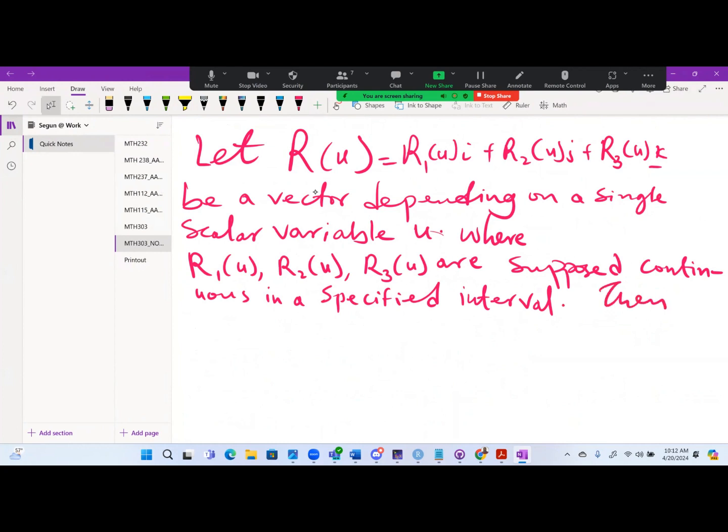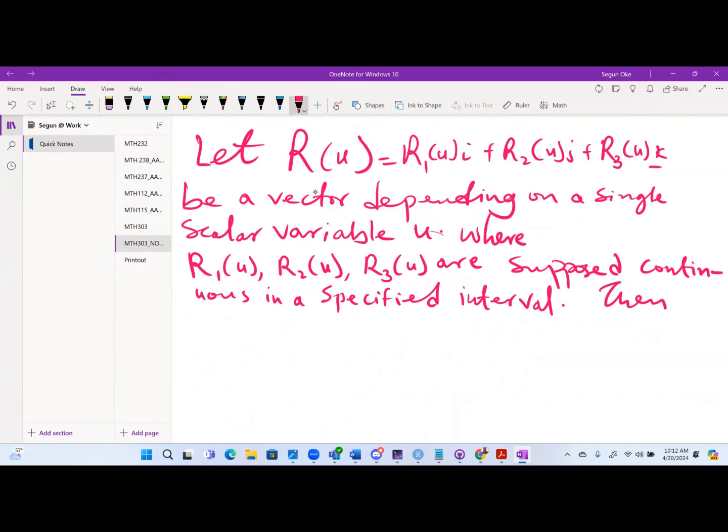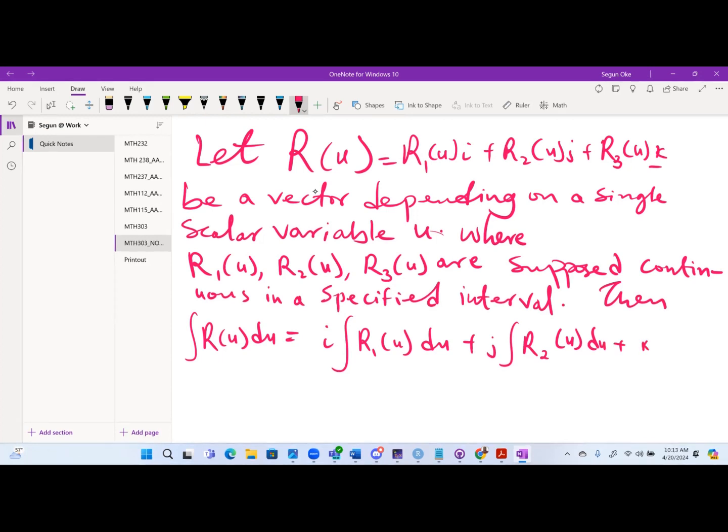Then the integral of R(u) du is equal to i times the integral of R1(u) du, plus j times the integral of R2(u) du, plus k times the integral of R3(u) du.